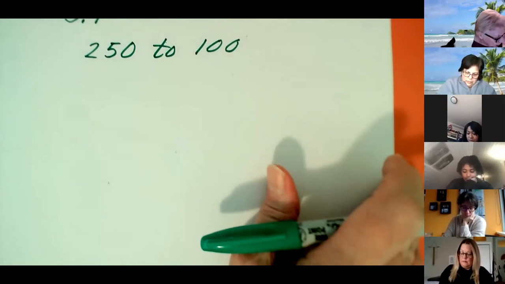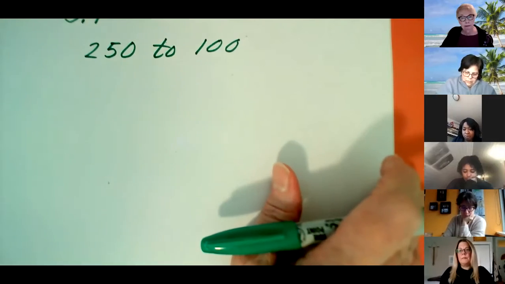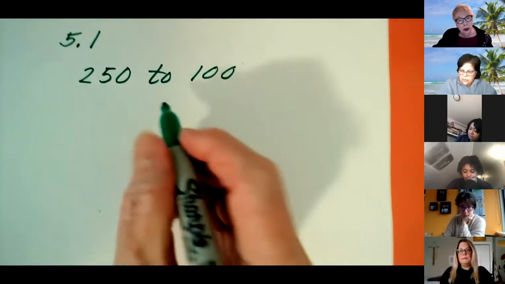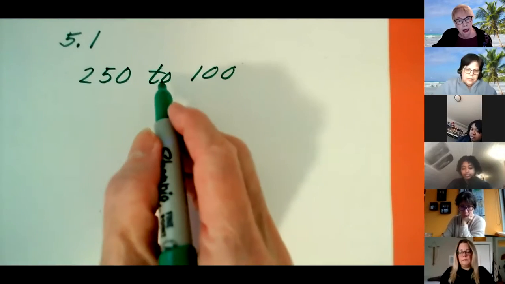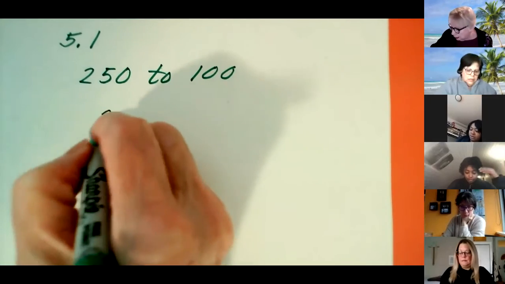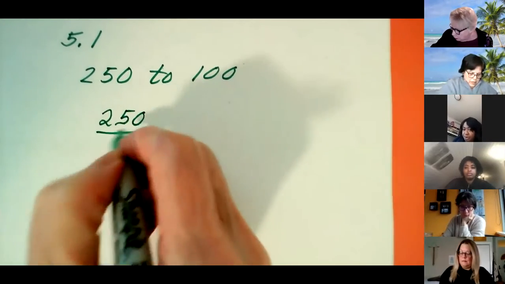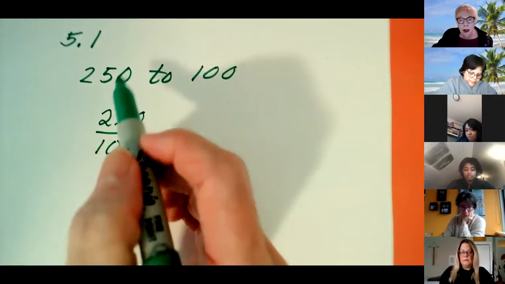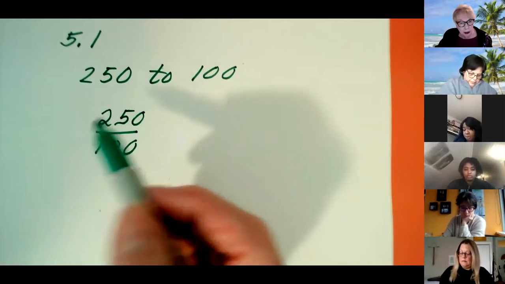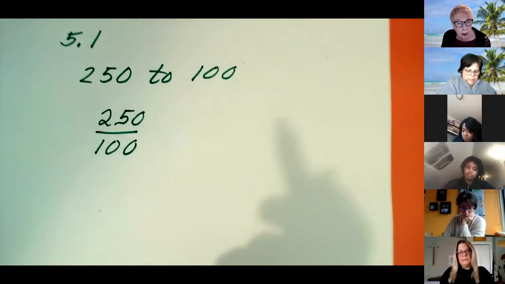And so write each of the following as a fraction in lowest terms. Knowing that this is a ratio, if we convert it to the fraction version, the first number is first, the second number is second, and then we've got that.